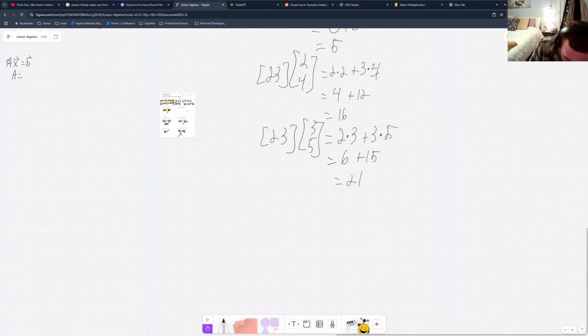1, 2, 0, negative 1. 2, 5, negative 2, 0. 0, negative 2, 1, negative 1. And B is equal to 4, 13, negative 4.